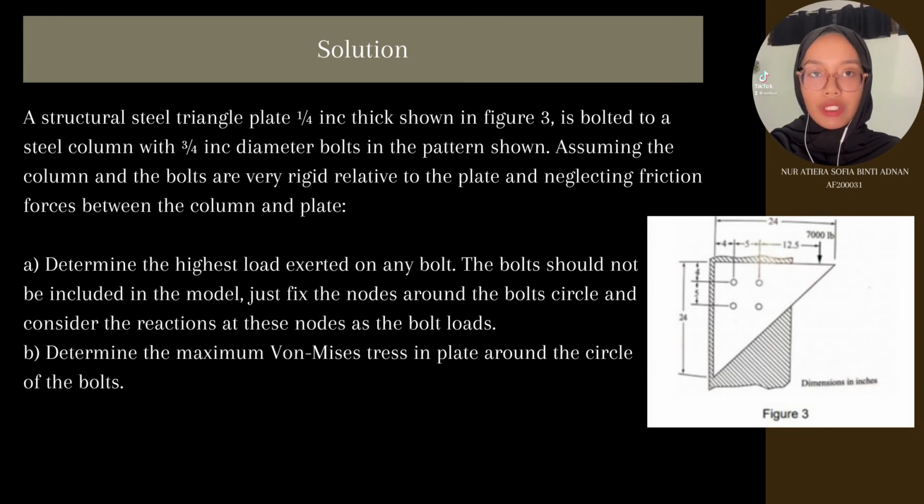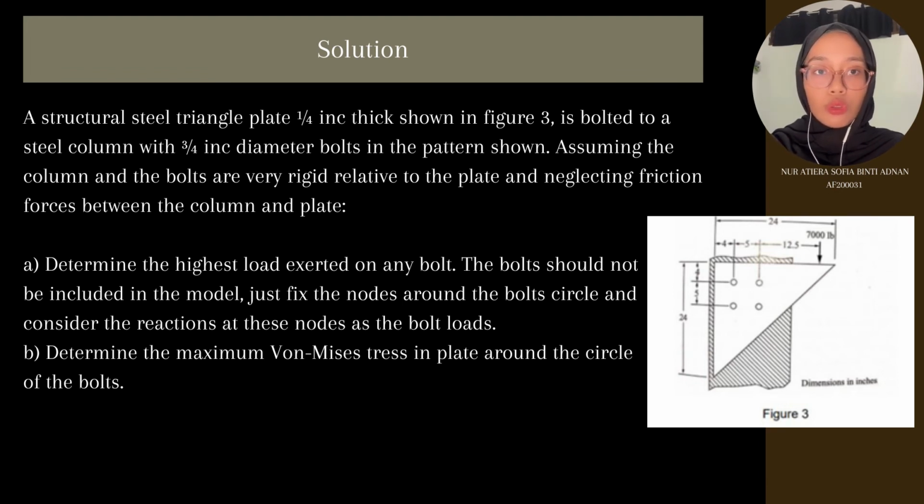For the solution, a structural steel triangle plate 1/4 inch thick, shown in figure 3, is bolted to a steel column with 3/4 inch diameter bolts in the pattern shown. Assuming the column and the bolts are very rigid relative to the plate and neglecting friction force between the column and the plate, the question is, determine the highest load exerted on any bolt.